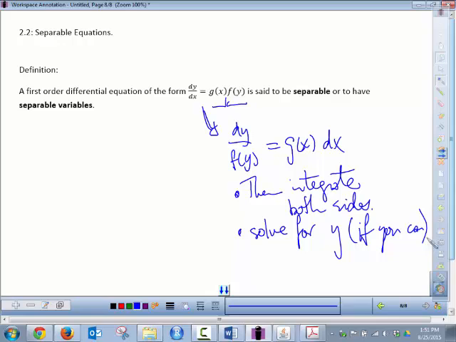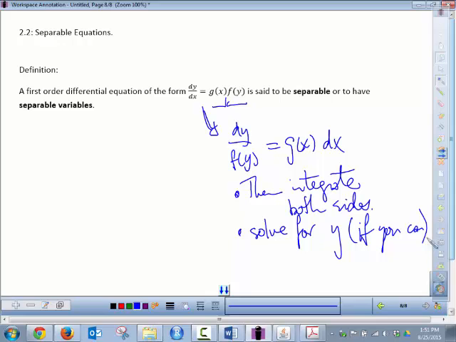You can graph it on your graphing calculator, and everybody's happy. If you can't solve for y, then the best you can do is present the solution as an implicit solution, which means x and y are together. If you try to solve for y, you might lose half of a circle or more than half of a spiral or something like that, depending on what your solution might look like. So if you can't solve for y, you just leave it as is, and that would be your answer. Your answer is going to be an implicit solution.